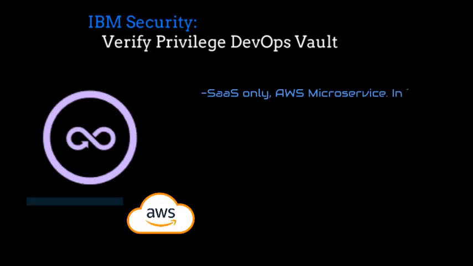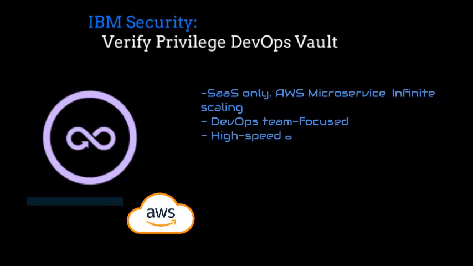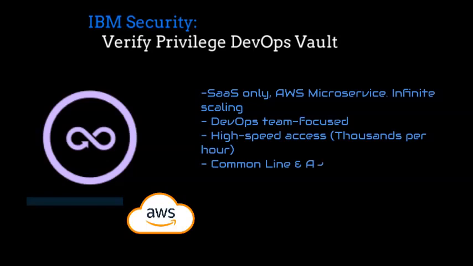This is important, as DevOps teams commonly need to touch their credentials quickly and often in their simulations and large-scale productions. Most Verify Privilege DevOps Vault users interact via command line interface or API calls, with most production, think post-development, use cases being handed off to the applications or machines that access and leverage the credentials.